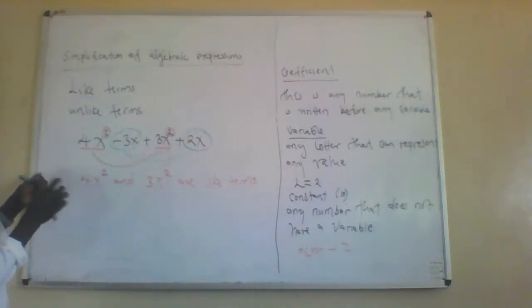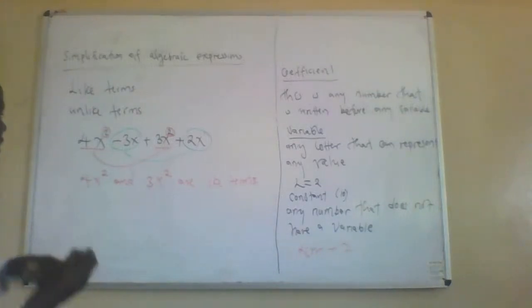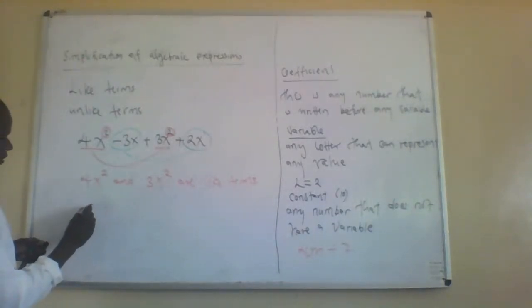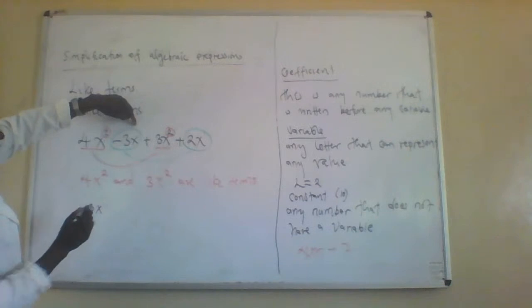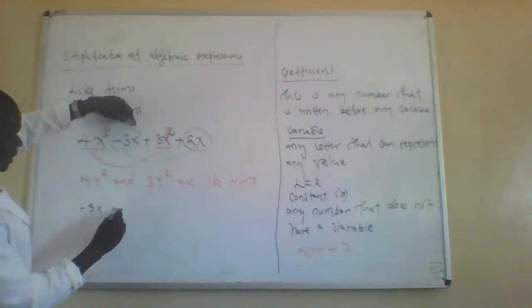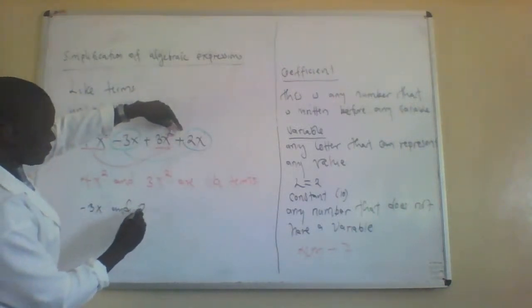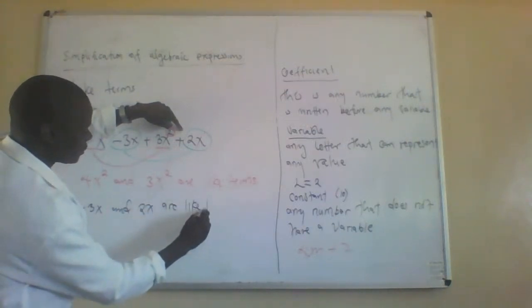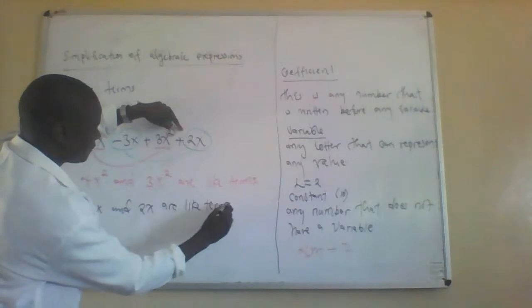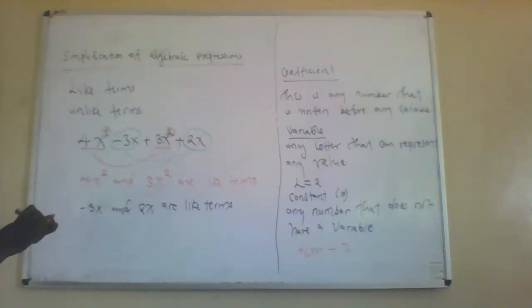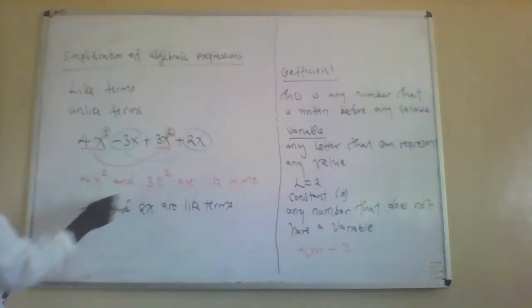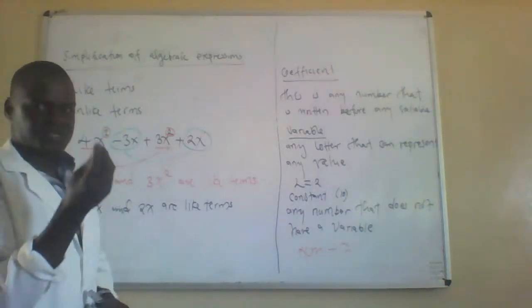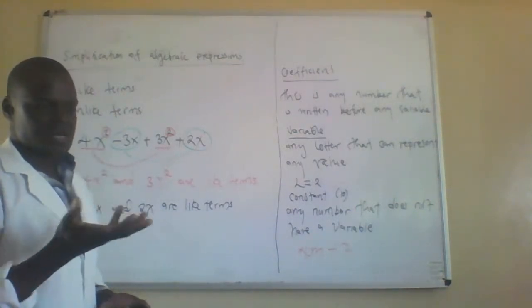What other like terms do we have? The other like terms that we have are negative 3x with the x having the power 1, and the 2x, which are also like terms because they have the same variables as well as the same powers. So the coefficient on the variable does not matter.